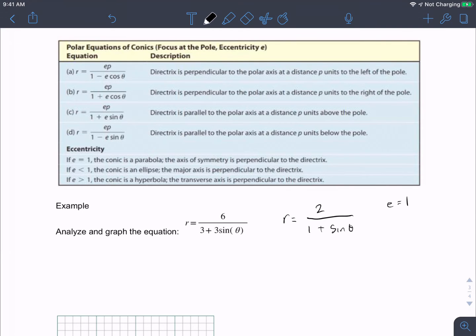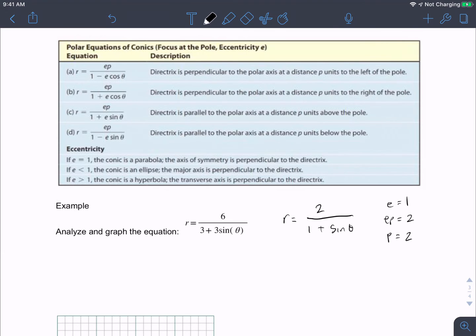So we can see E is 1, EP is 2, so that tells me that P is 2. And since P is equal to 2, that's very useful for us.